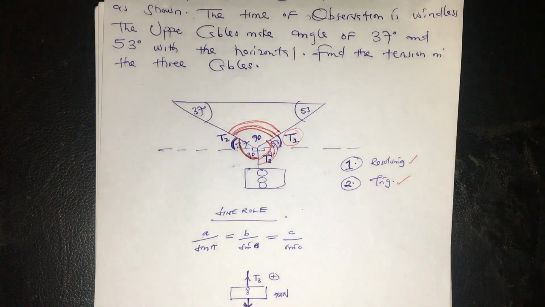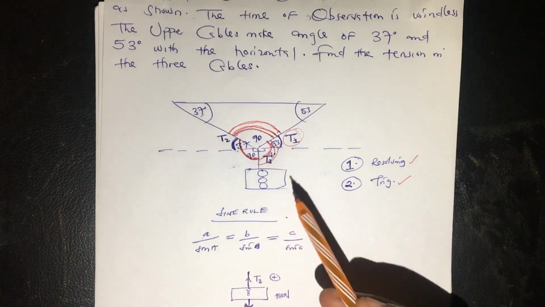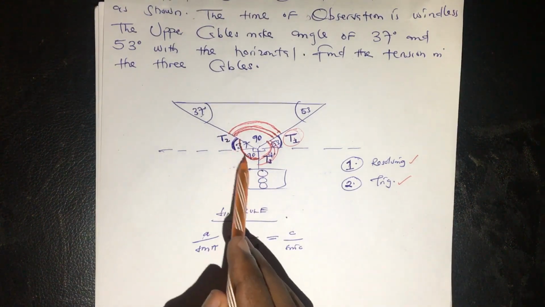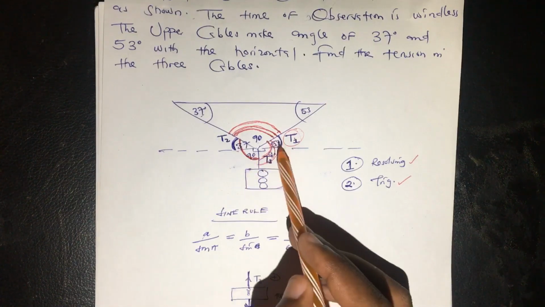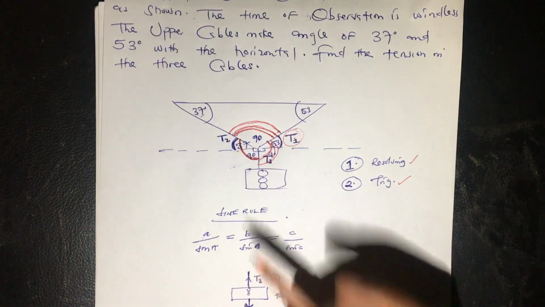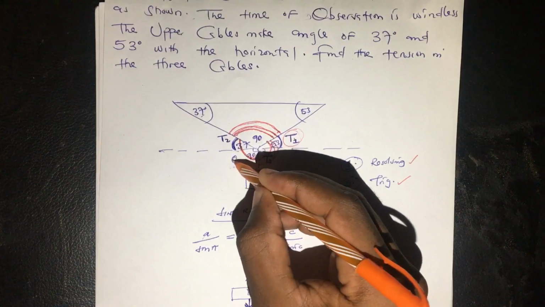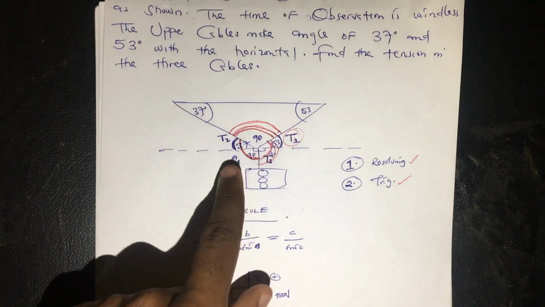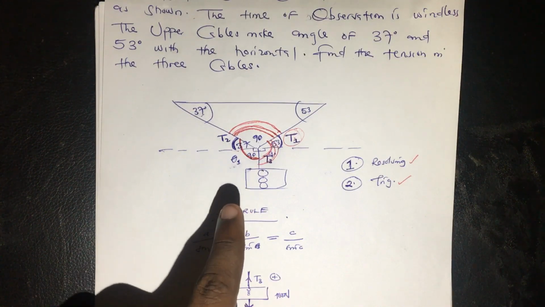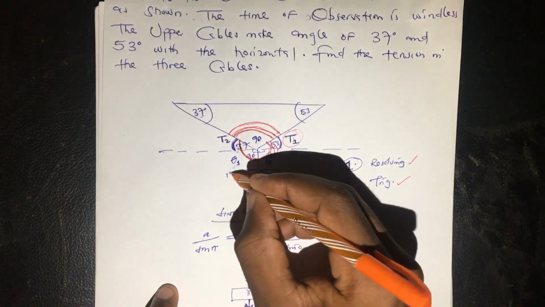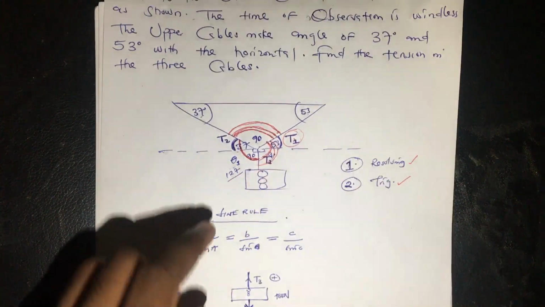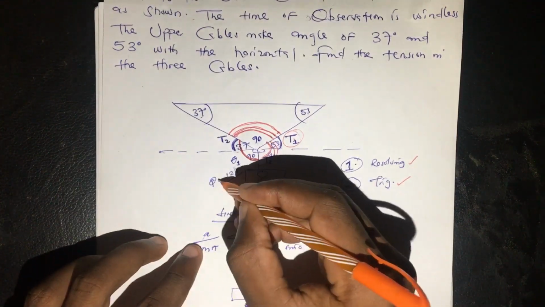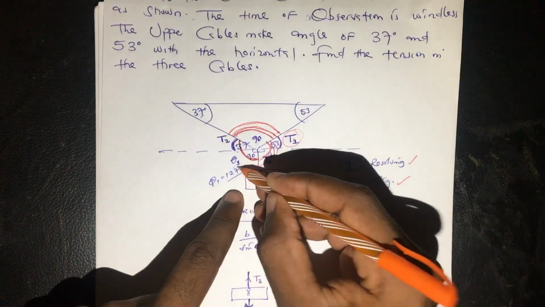Now we are interested in the angle theta of this one and of that one. This corresponds to that, meaning that this angle is theta 1. So 90 plus 37 gives 127, which makes theta 1 equal to 127 degrees.